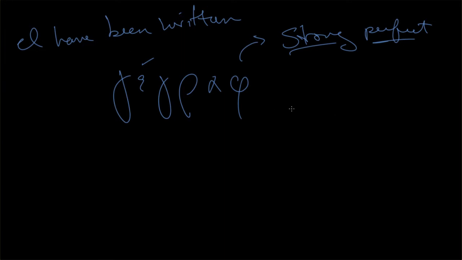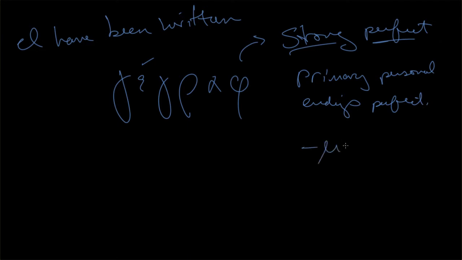So what are our primary tense personal endings in the perfect? Well, those are mai, sai, tai, we've just seen these, and then metha, sthe, sorry, that's a sigma, not an alpha, sthe, and ntai.